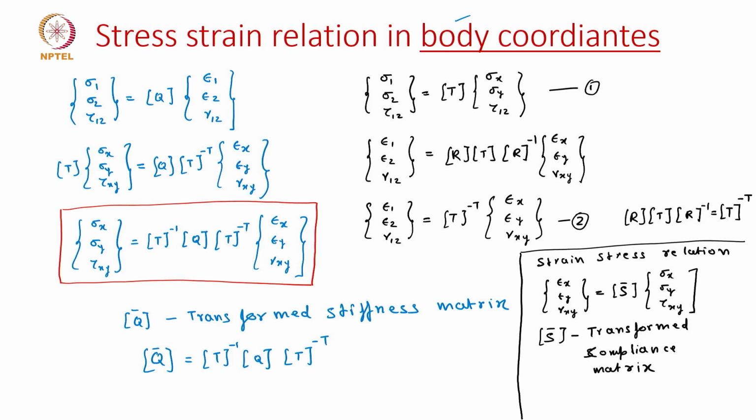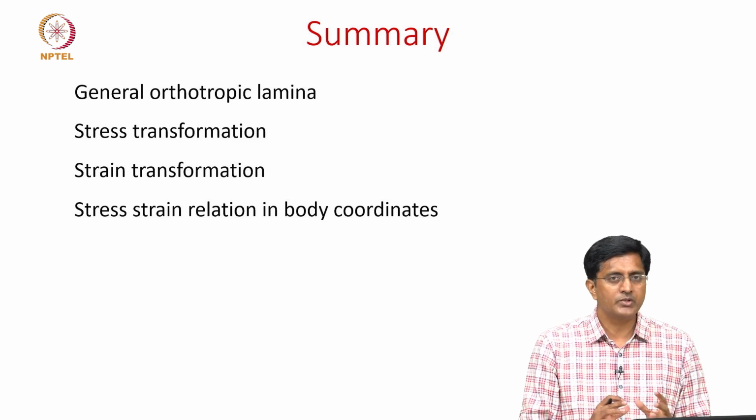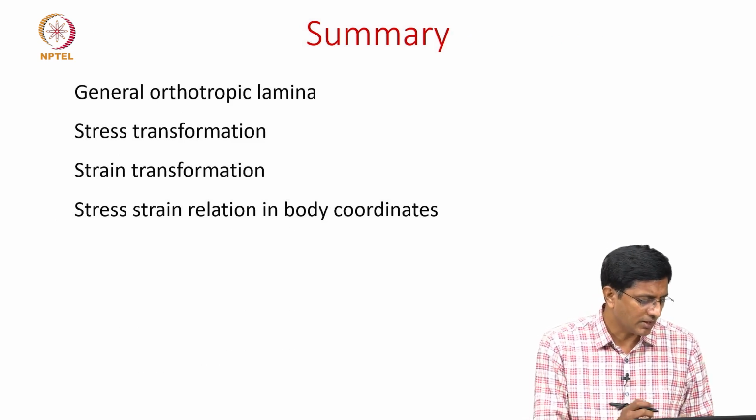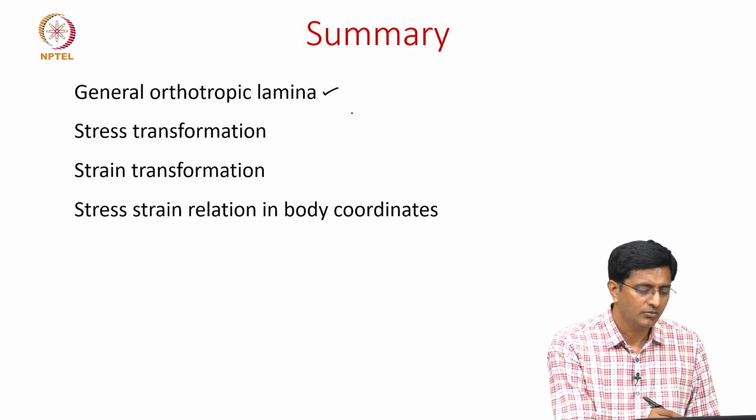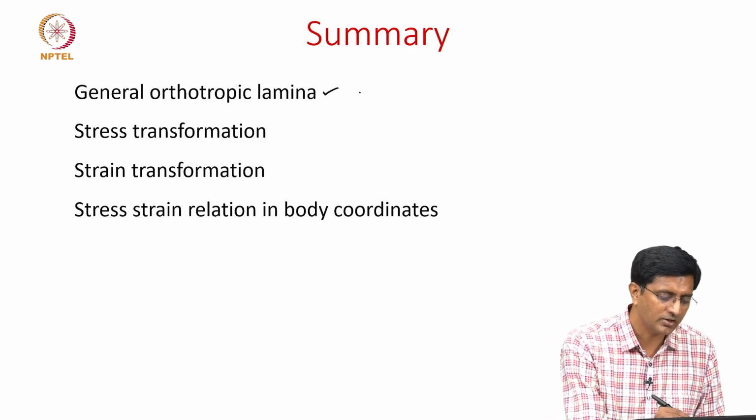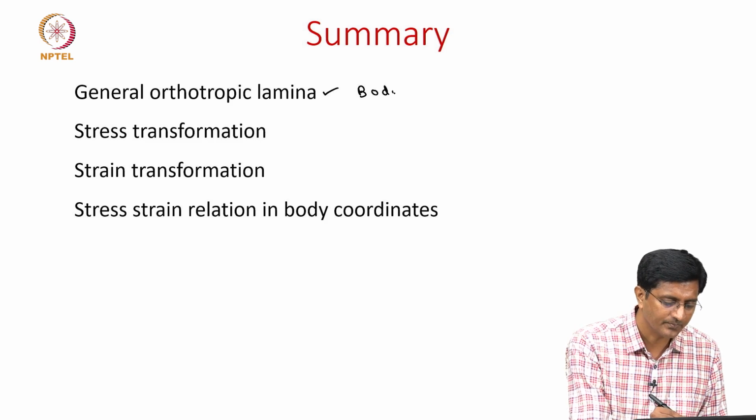body coordinates. So, let us summarize what we have discussed in this video. We started with defining what is a generally orthotropic material, where we define it in terms of the body coordinate systems.